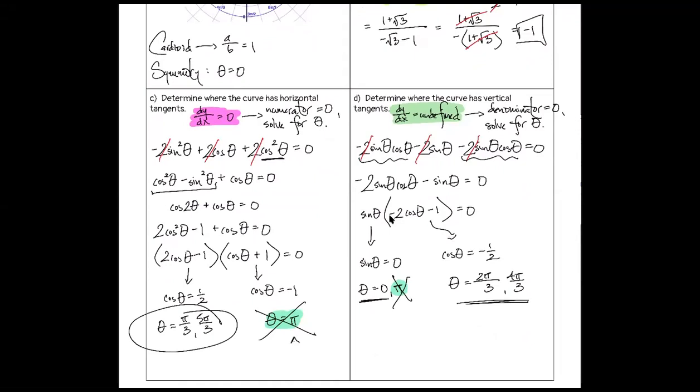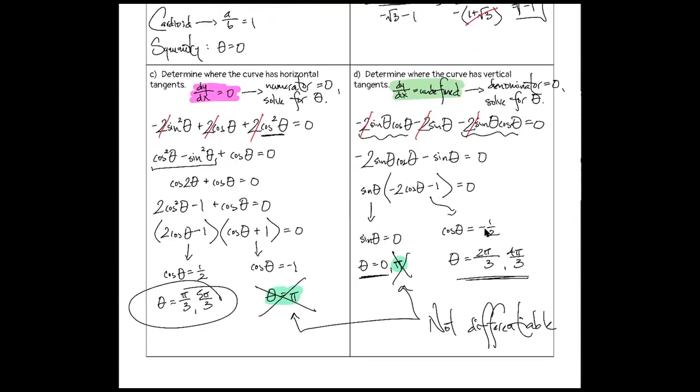But the exception is at theta equals pi, where it's not differentiable. And if it's not differentiable, we can't have a horizontal tangent and we can't have a vertical one, okay? Does that answer your question?